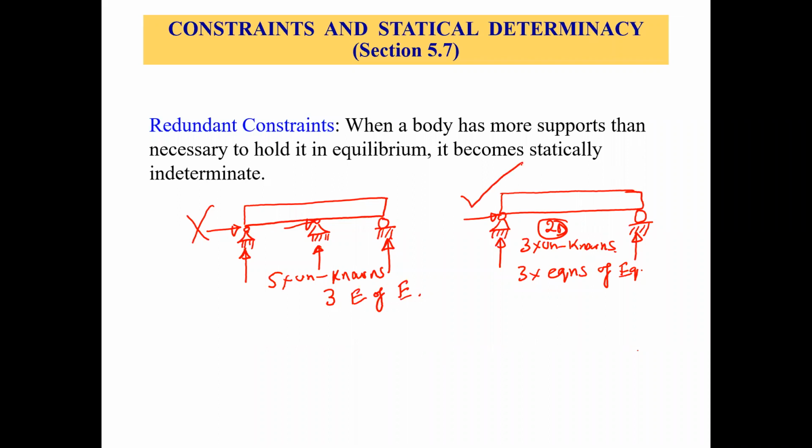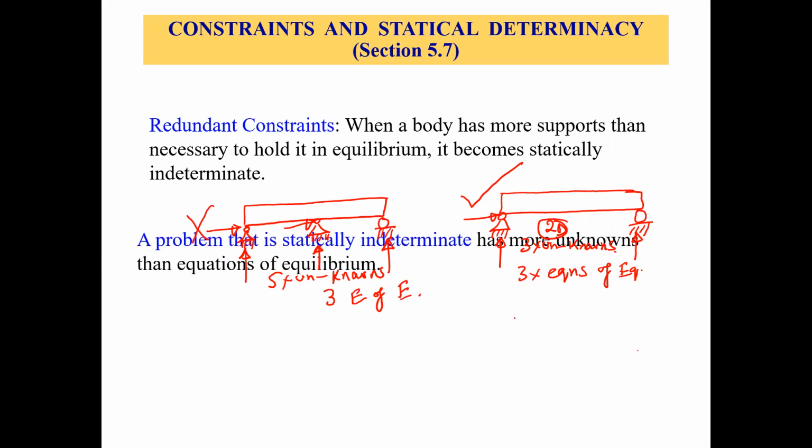So that is statical determinacy and indeterminacy, okay? We already talked about that a problem is statically indeterminate if it has more unknowns than equations of equilibrium. So that is about constraints and statical determinacy.